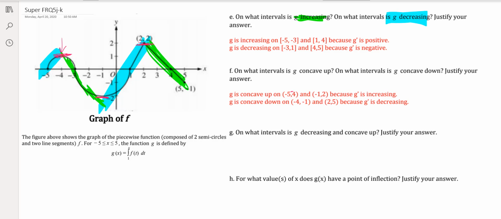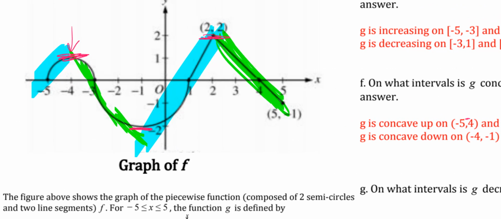Now I need to analyze what kind of change occurs there. There's a change from increasing to decreasing at x equals -4 as well as x equals 2. Likewise, there's a change from decreasing to increasing at x equals -1.